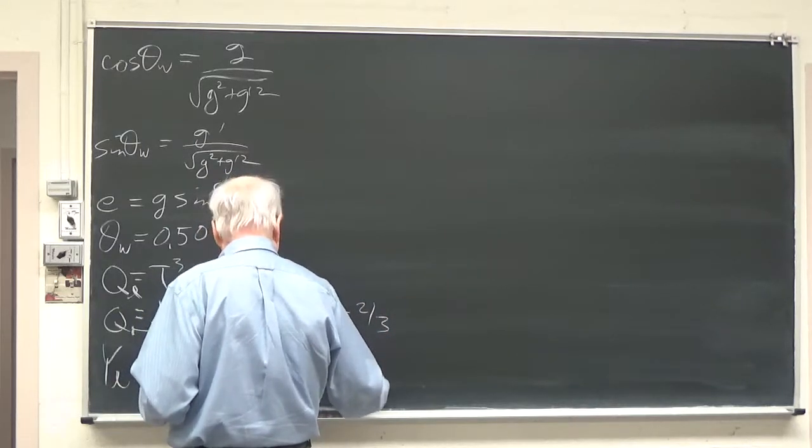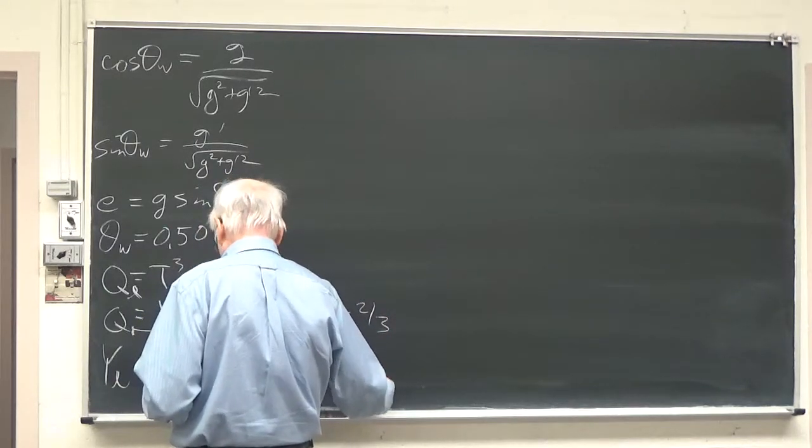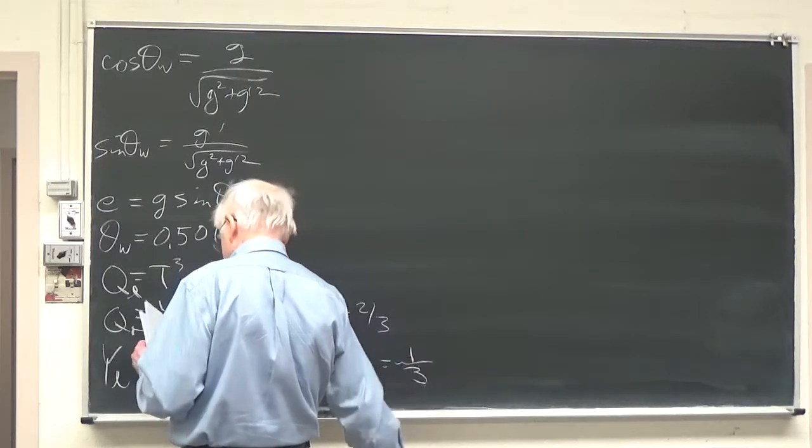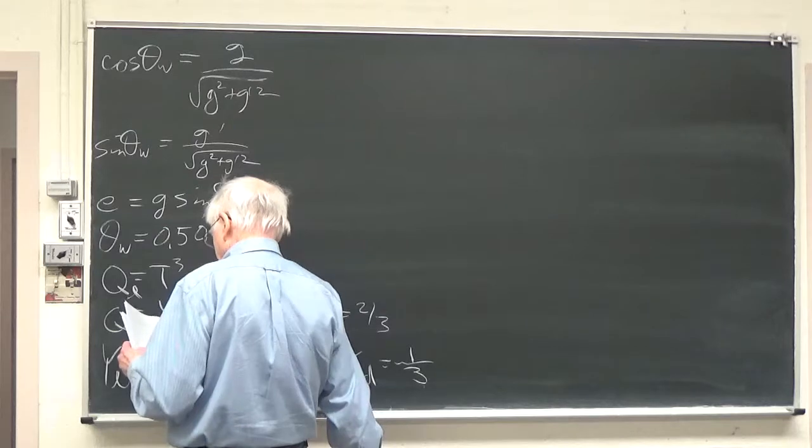And Y right for a down quark is minus 1/3.